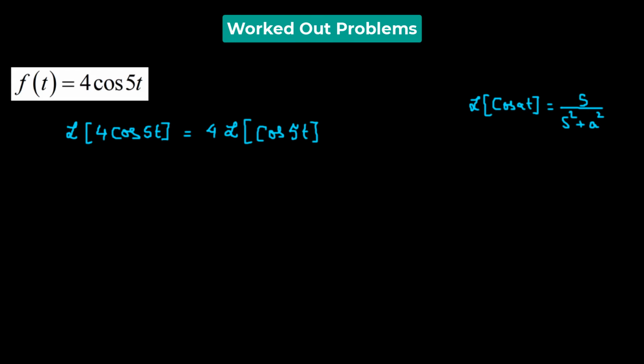So here the value of a is 5, so that gives us 4 times s divided by s squared plus 5 squared. So we have 4s divided by s squared plus 5 squared, which is 25. And of course, the value of s must be greater than 0. Let's move on to the next question.